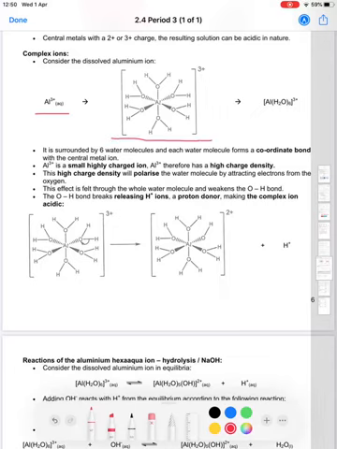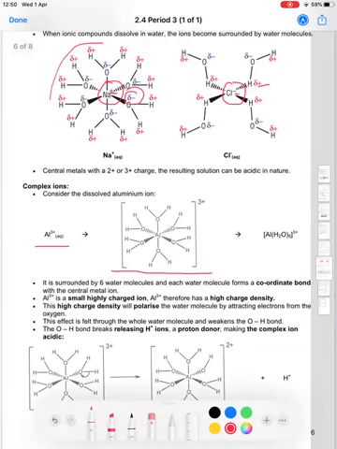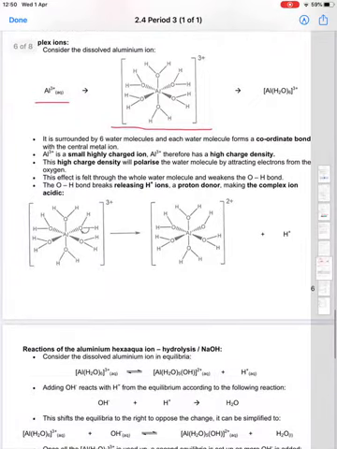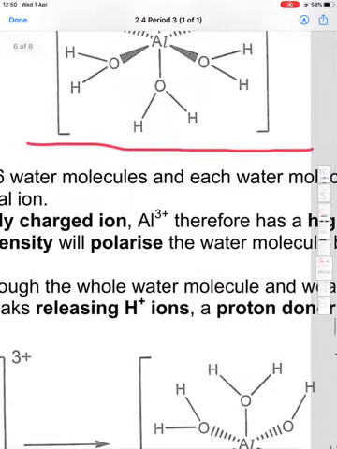Now, this is very similar to what we were talking about with the sodium ions with water up here. There is, however, a slight difference with this one here. And that's the fact that the water molecules, as they surround the aluminium ion, form a dative covalent bond.